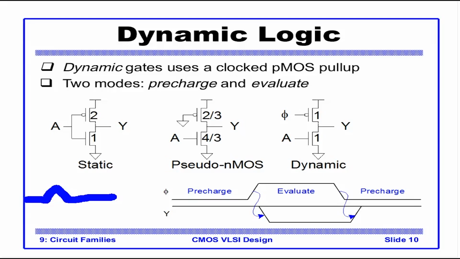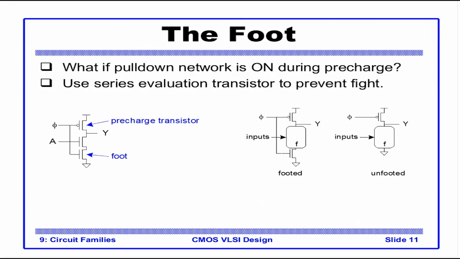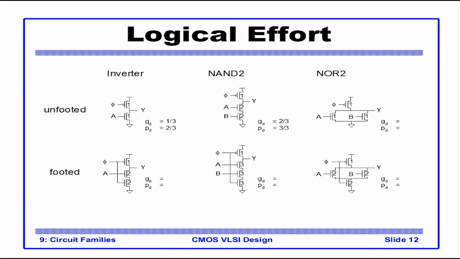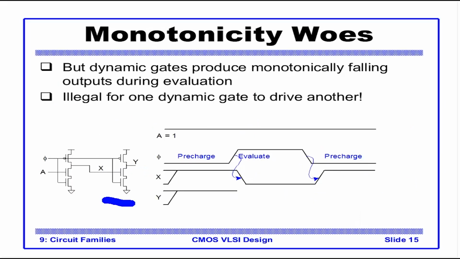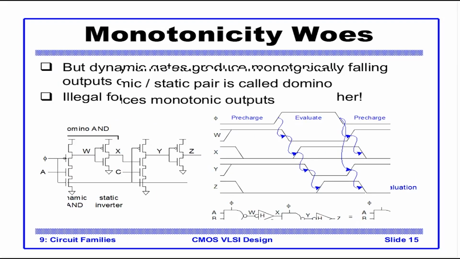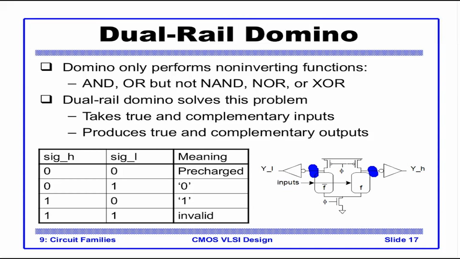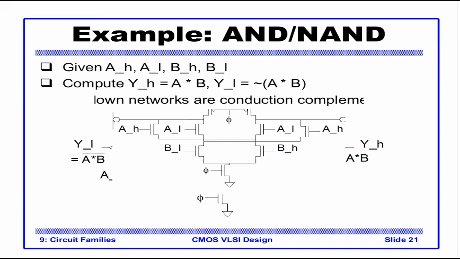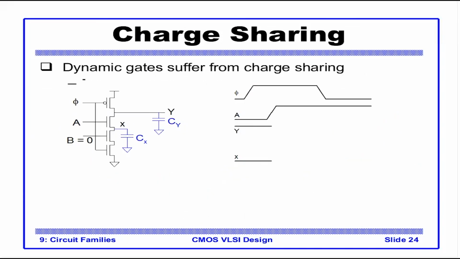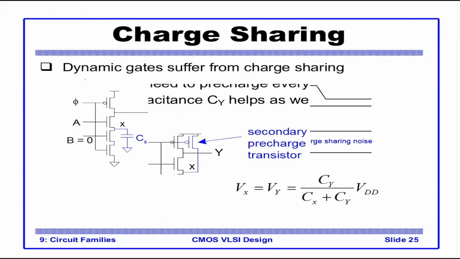So if the output is getting affected even when the input noise is 10 to 15% of VDD, the noise margin is very low. That is why we say that the dynamic gates have a low noise margin, and this is one major disadvantage which prevents a more wide use of these. So they're very sensitive to noise.